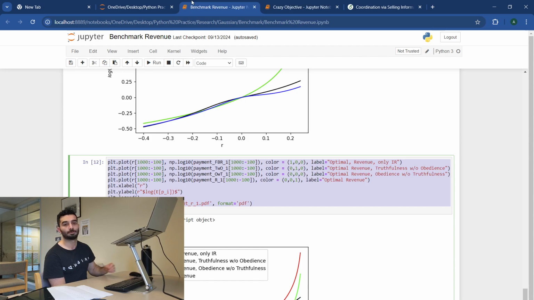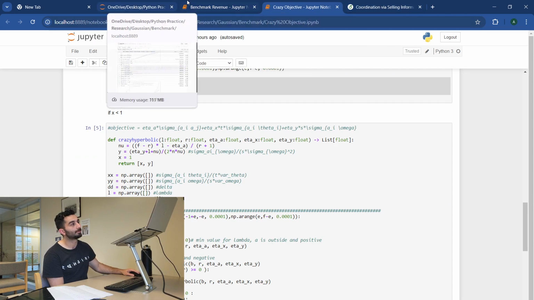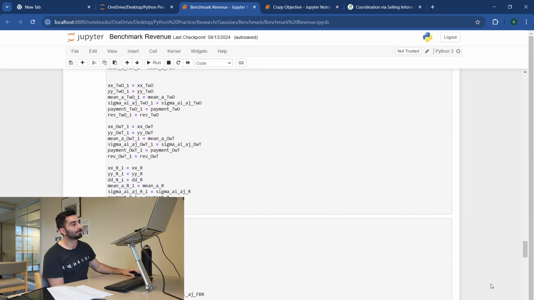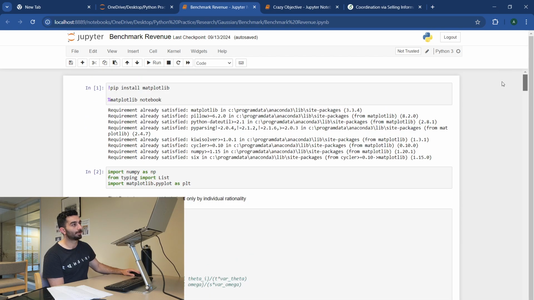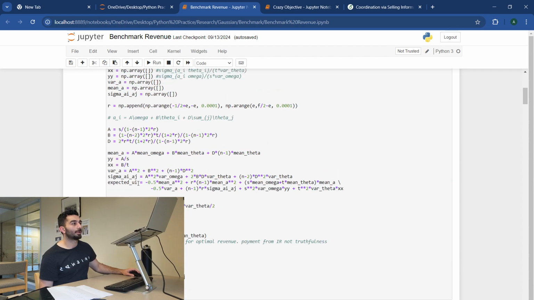I think I had it before, it should not change. Okay, we have sigma EIAJ.